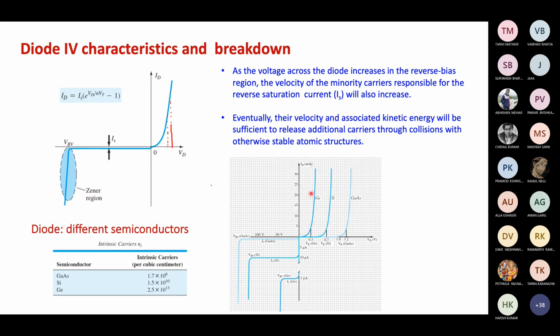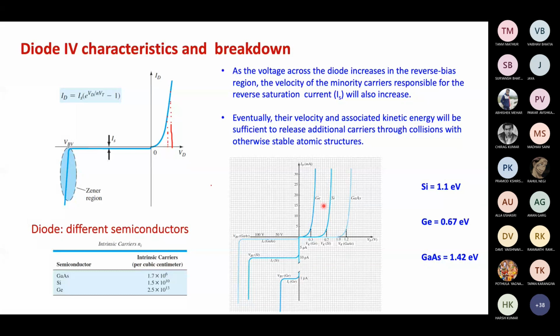On the opposite, the current is more in germanium because there are a lot of charge carriers and current quickly increases. So this is the comparison of the band gaps of silicon, germanium, and gallium arsenide.